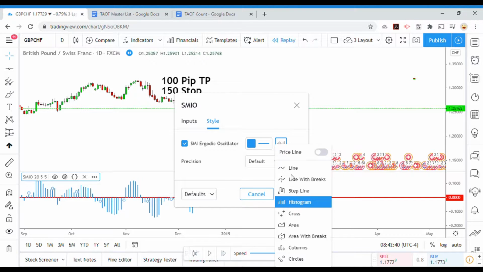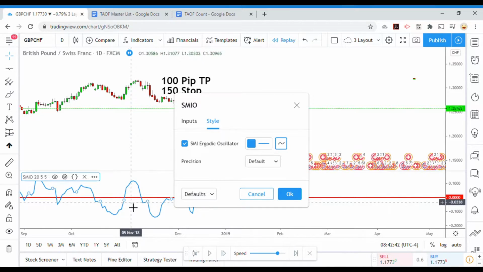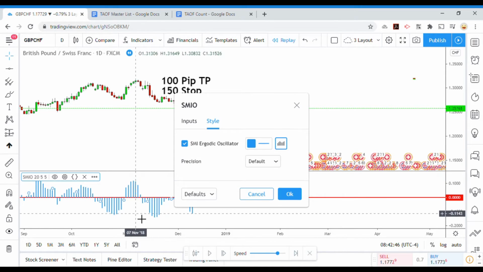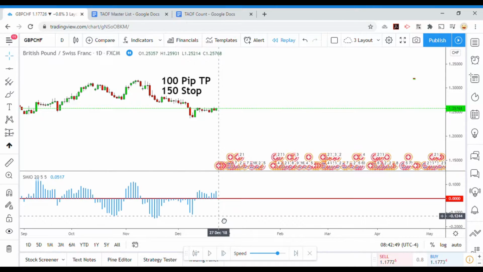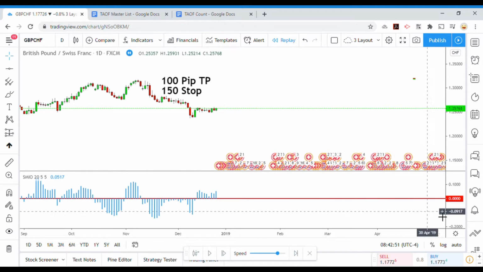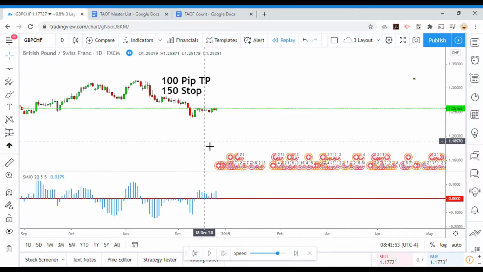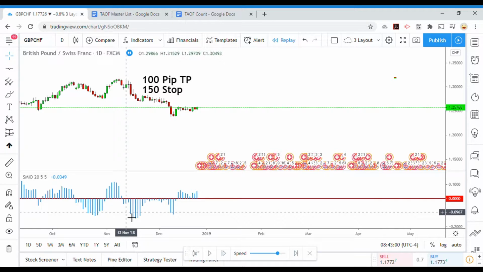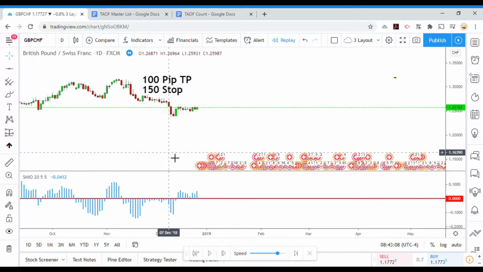Could have easily just changed it to a line if that's what you prefer, but we will keep it as a histogram. We don't normally do histograms like this, but I figured it'd be a little bit of a change of pace. And like I said, it's a zero line cross, and so like all zero line crosses, when it crosses down below the zero line, that is a sell signal. When it crosses up above, that is a buy signal, and that is how we will be testing it today.